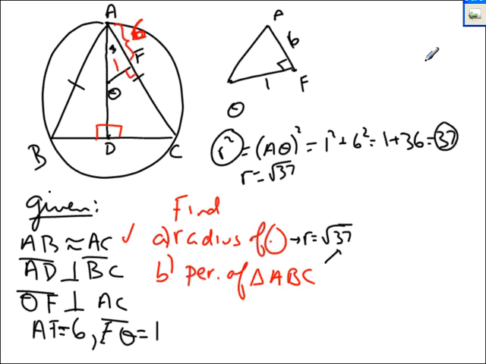So what I know now is that distance is the square root of 37. And of course, this must be 6 as well.